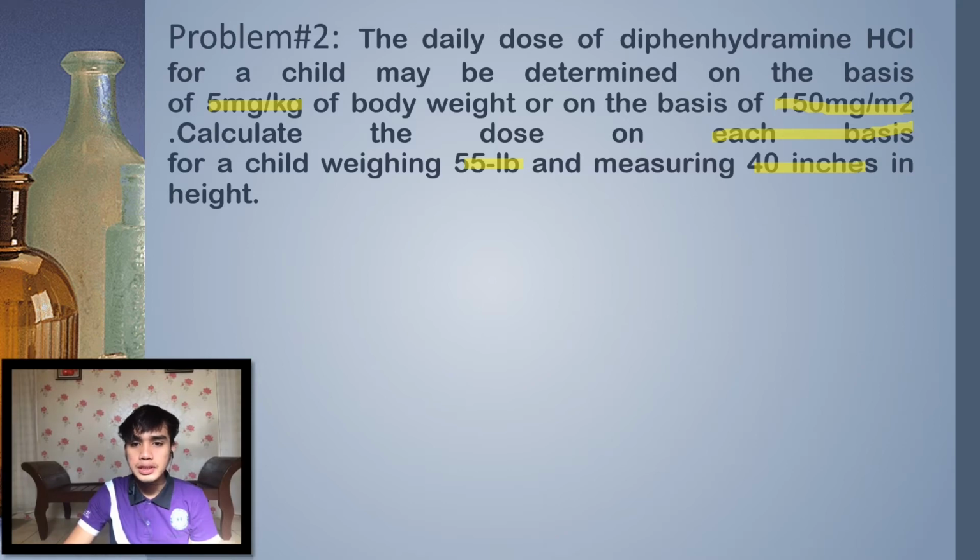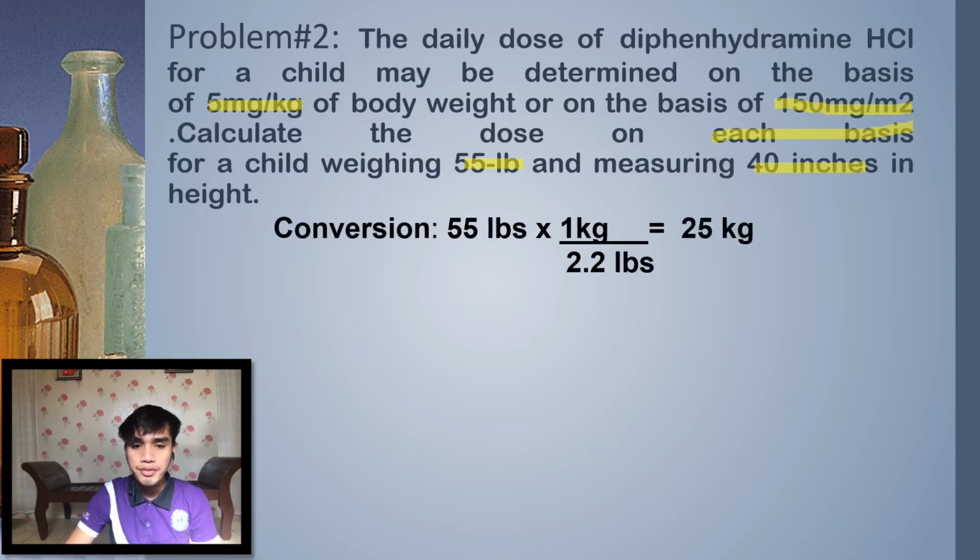So, what is the first thing we will do? First, we need to convert the given weight for us to calculate the dose of the patient. So 55 pounds, which is given here in our problem, will be multiplied by 1 kilogram, wherein that 1 kilogram again is equal to 2.2 pounds.